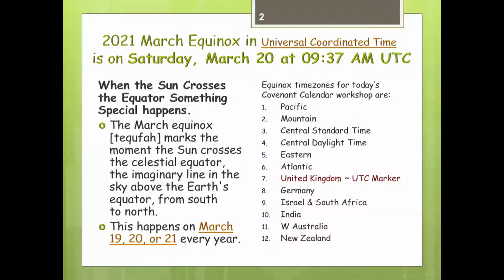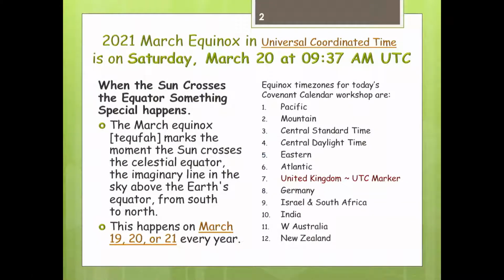This happens on one day in the spring and one day in the fall. For the spring Tekufa, this event is going to happen on either March 19th, 20th, or 21st. It will be one of those three days every year. There's leeway for a couple of reasons. First of all, the leap year changes it. We had a leap year this year, and it changed it one whole day.